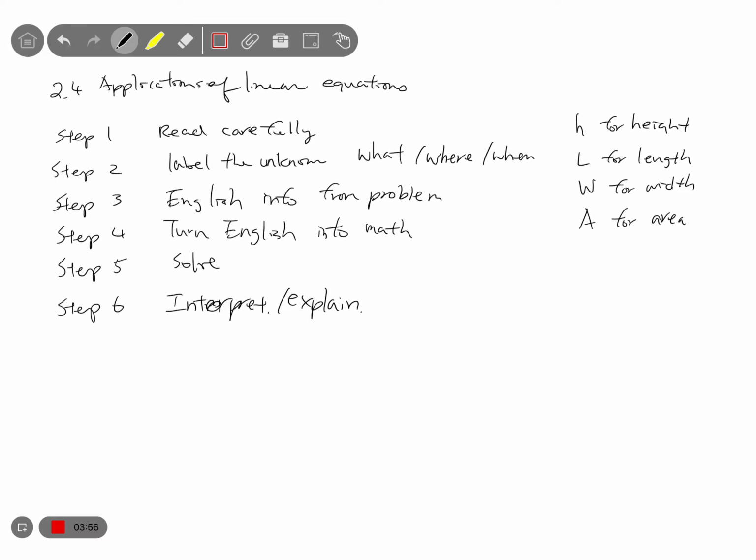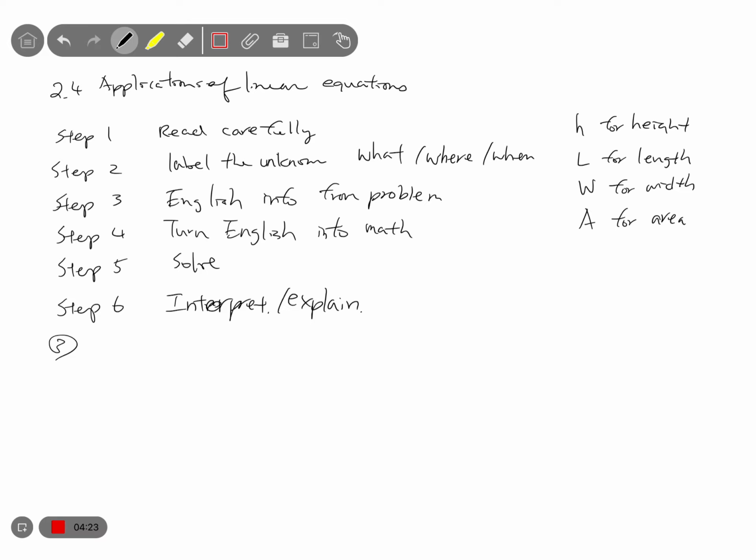Okay? All right, so let's go ahead and try some of these translations. I'm just going to read the question, and then I'm going to point out which part we might want to pay attention to. So here we go. In a math class, the number of male students was 6 more than the number of female students. If the variable f represents the number of female students, what's the expression for the number of male students?